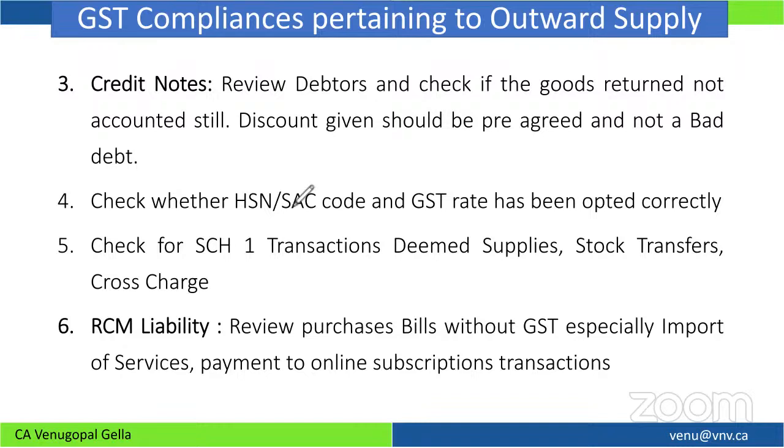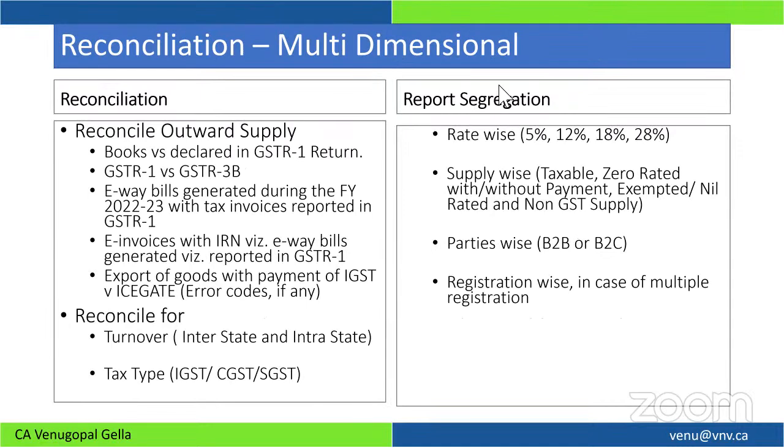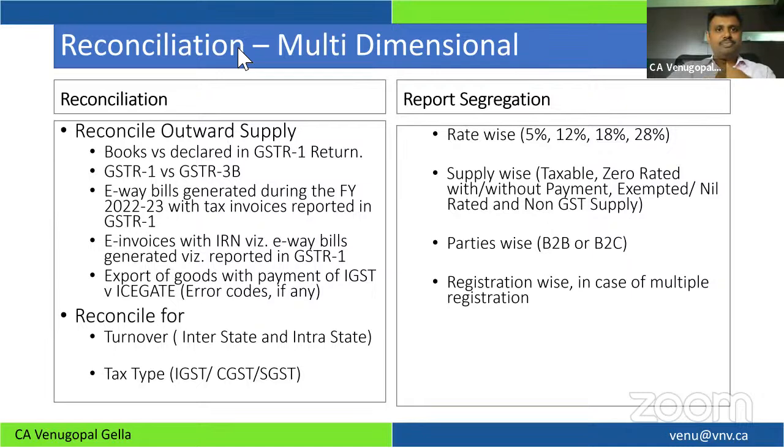So to summarize and report, in GSTR1 we always have to do a multi-dimensional reconciliation. We have to see what turnover I have reported in the books and what turnover I have reported in R1. And is the data in R1 matching with 3B or not?